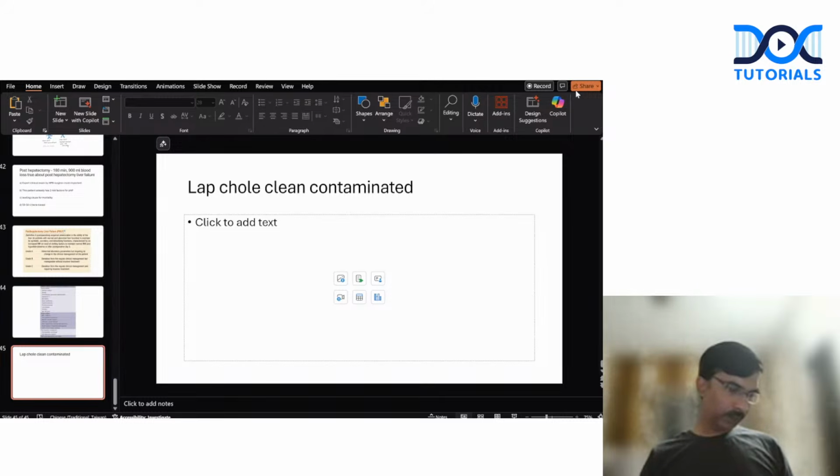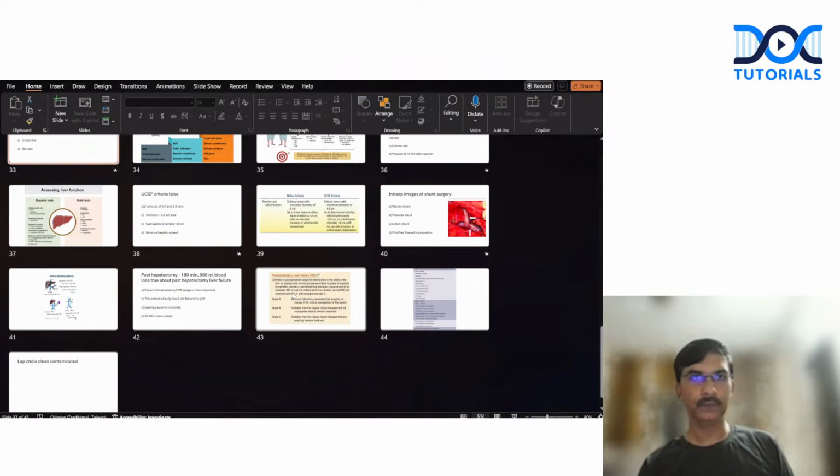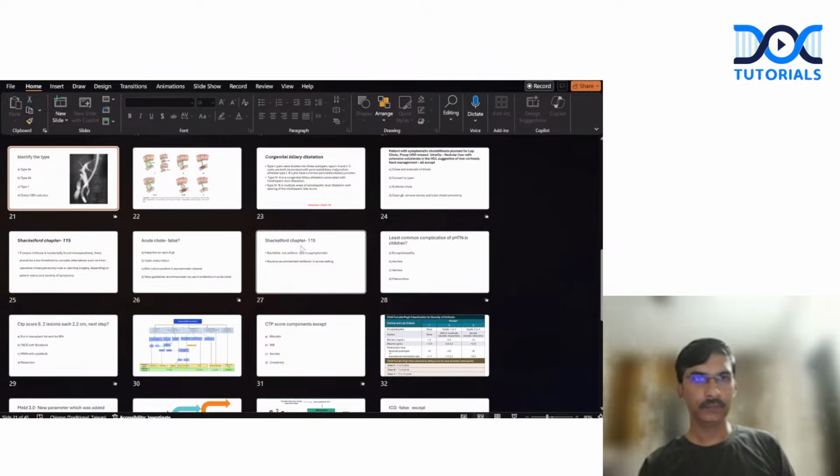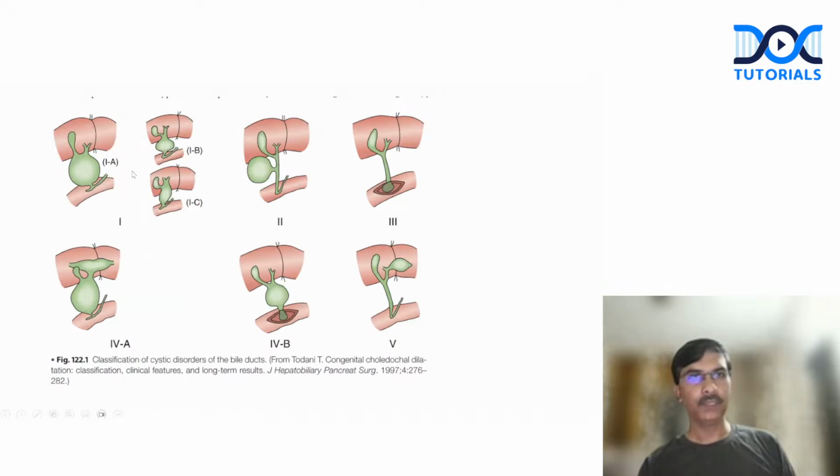So that's the first question: how to differentiate between type 1 and type 4 in MRCP. See, type 1 is a uniform dilatation coming from distal to proximal, from the abnormal pancreatobiliary duct junction till the hilum, or sometimes main right and main left duct.